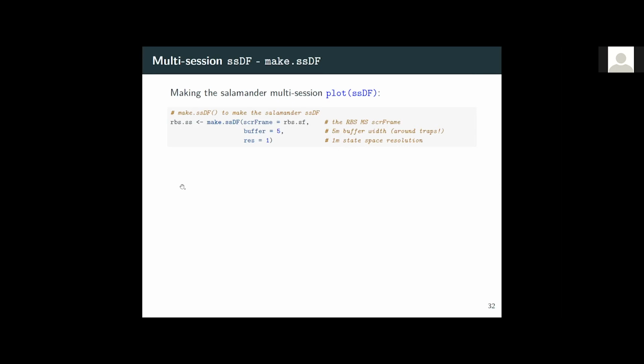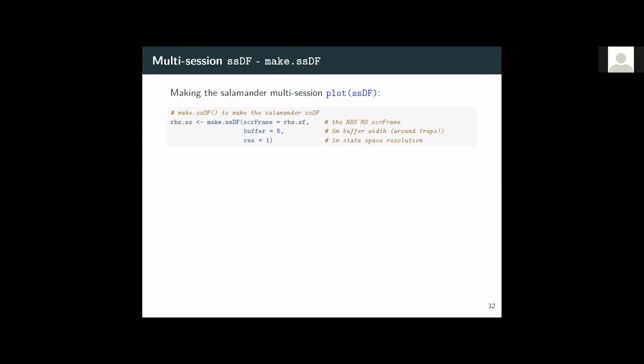And maybe I didn't make this explicit, but this buffer and this resolution have to be in the coordinates of the traps. So my traps were relative coordinates, but they were in meters. So everything was meters.